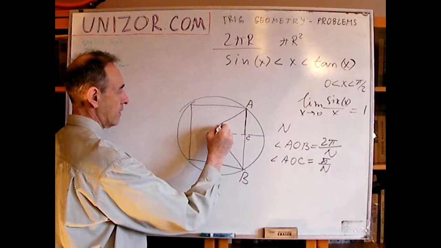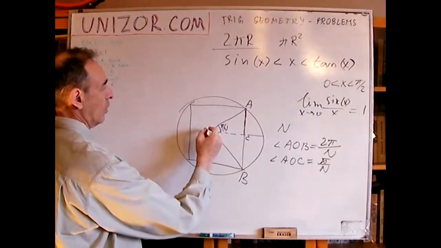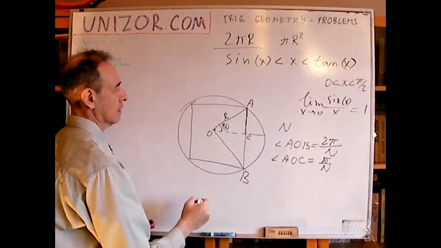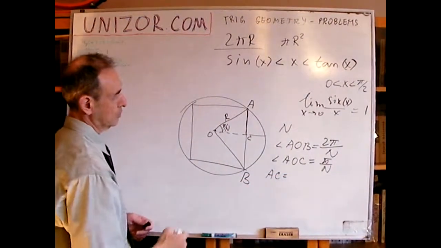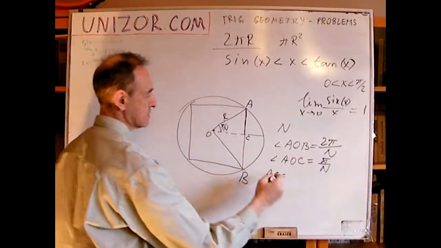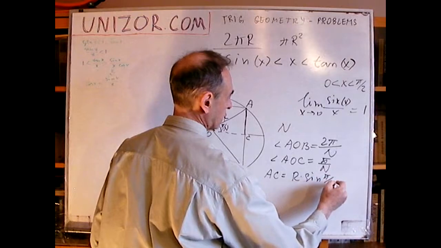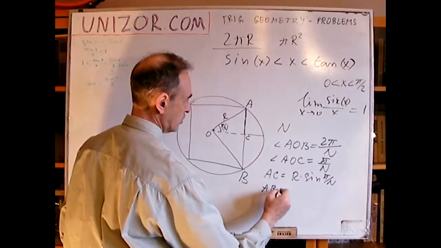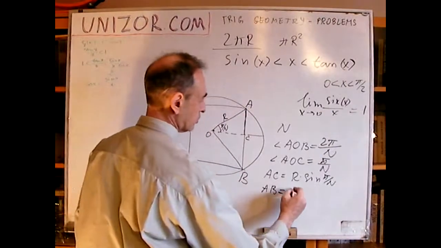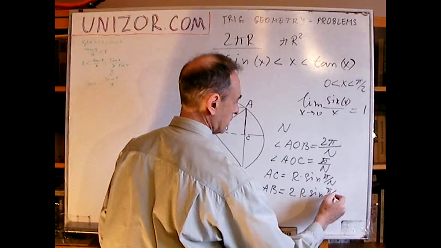Now, OA is the radius, so AC is equal to R times sine of pi over n. And therefore AB, which is the side, is equal to 2R sine pi over n.